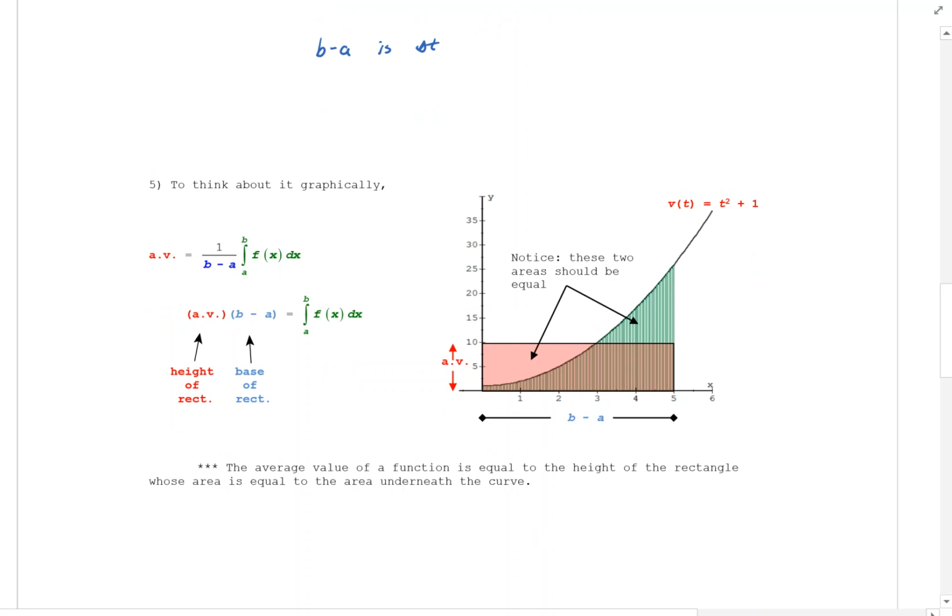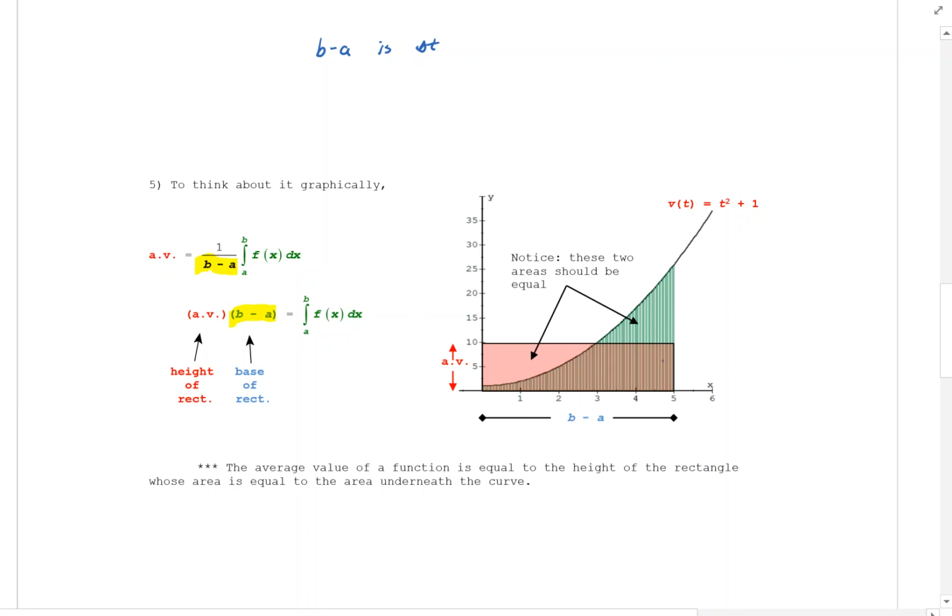To look at this graphically, if I have this graph, the parabola v of t equals t squared plus 1, and I want the average velocity, here's my equation from above. All I did was multiply each side by this b minus a to get the average velocity times b minus a is equal to the integral.